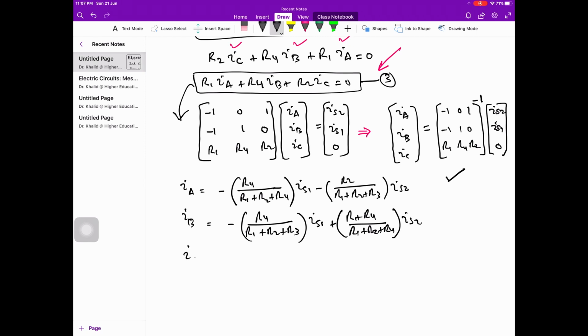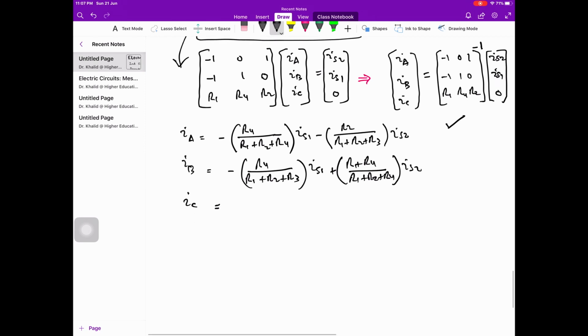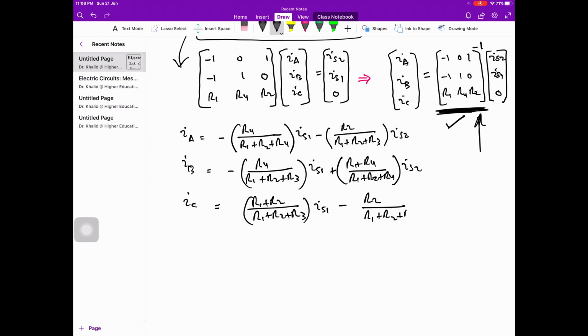And IC is R1 plus R2 divided by R1 plus R2 plus R4 times IS1 minus R2 divided by R1 plus R2 plus R4 times IS2. The denominator of every term is the same because it is the determinant of this matrix when we computed its inverse.